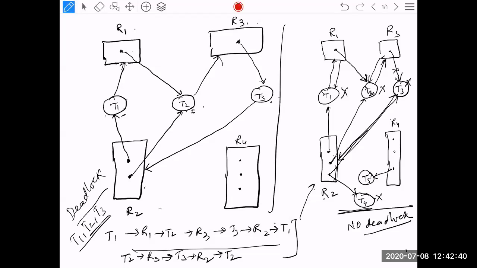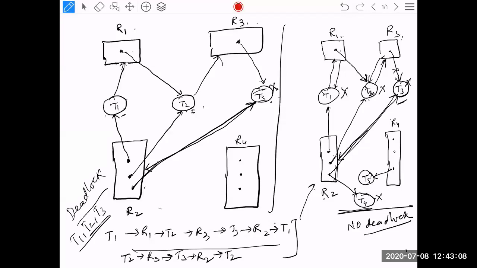So what happened here in this case? T1 was waiting on R1, R1 was given to T2, T2 was waiting for R3, which was allocated to T3. Now when T3 executed, once it acquires all the resources it needs to be executed, it executes and finishes.